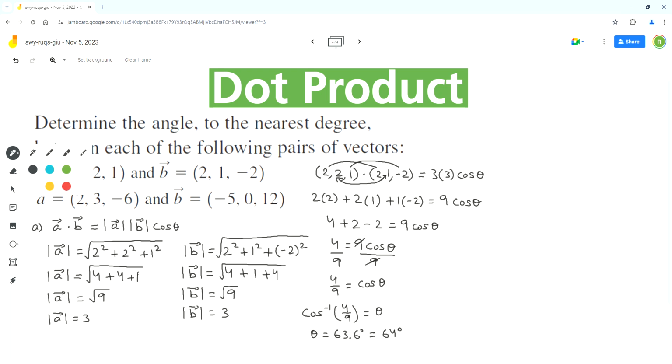Now we can analyze the second pair of vectors. So we'll start with the dot product equation. Now we can find the magnitude of vectors A and B. So we should square the x, y, and z components, add the squares, and apply square root to the sum.